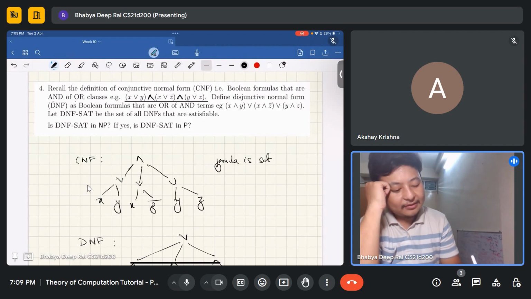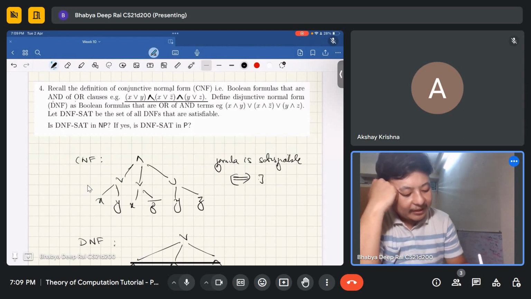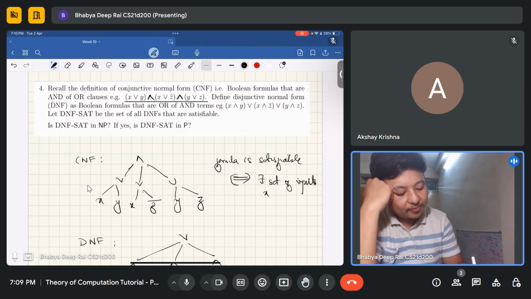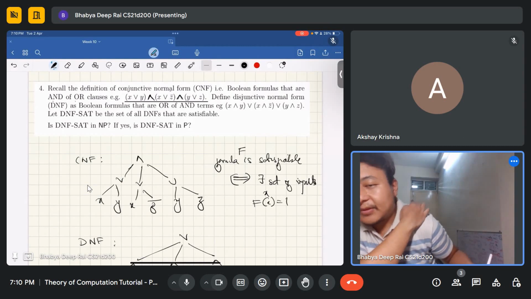A formula is satisfiable if and only if there is a set of inputs x such that f of x is equal to 1.